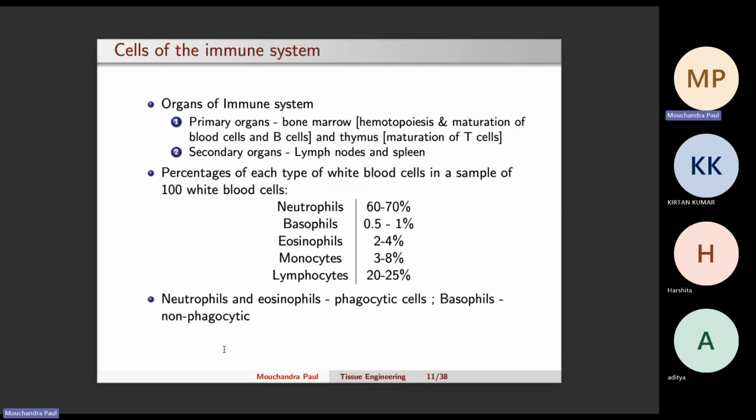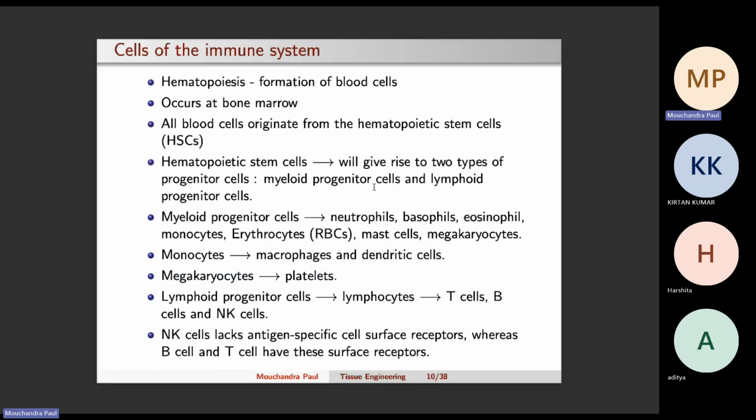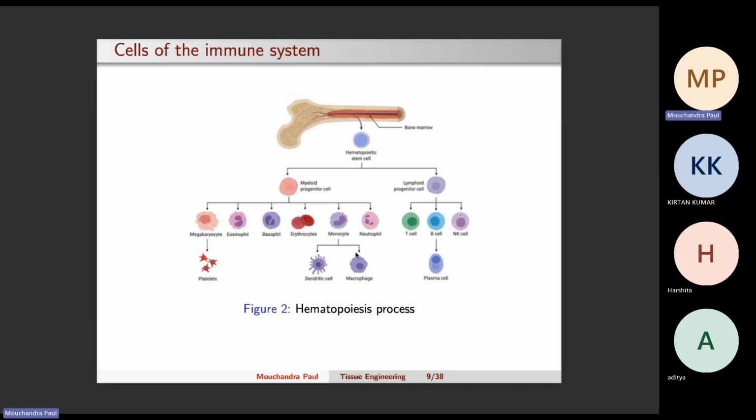And what are the major organ systems responsible for the immune system, or where the immune cells develop? In the bone marrow, the hematopoiesis process happens. So here the blood cells, and these T cells, B cells are formed.